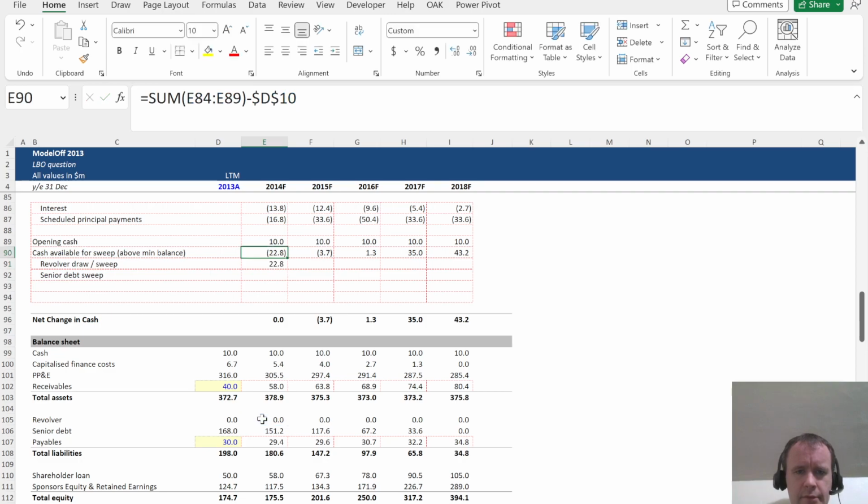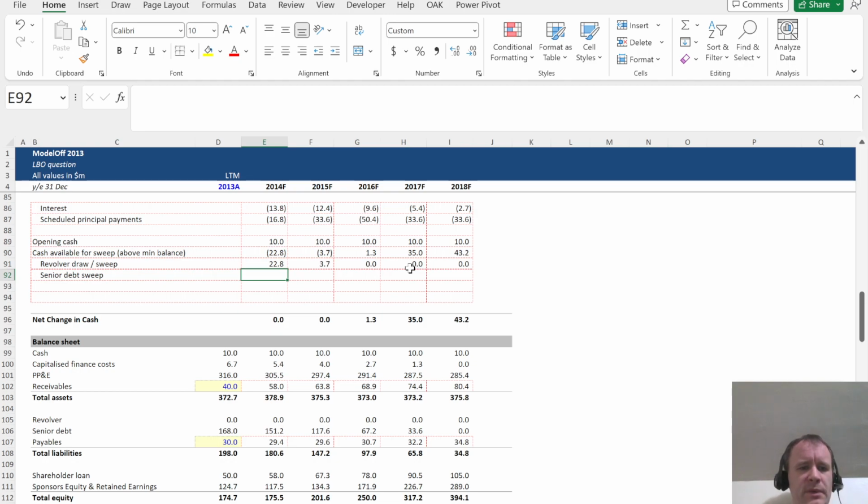All right. So let's say I've got 100 on the revolver to start, and I get 300 here. I pay back 100. That makes sense. I think that's working. I'm always a little unsure about that, so I'll go back and check it later, but fine.